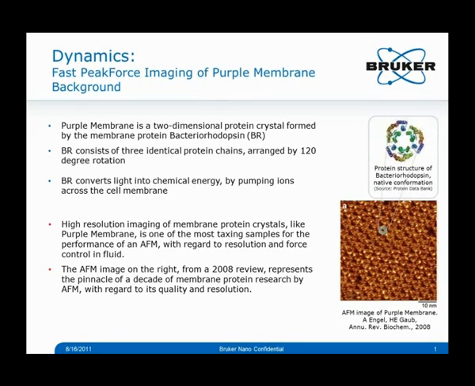A pioneering group in AFM imaging of purple membrane was the group of Andreas Engel at the Biozentrum in Basel. Both collaborating group leaders in this application piece, namely Daniel Müller in Basel and Simon Scheuring at Institut Curie in Paris, each a leading AFM membrane protein expert in his own right, came from the Andreas Engel lab.